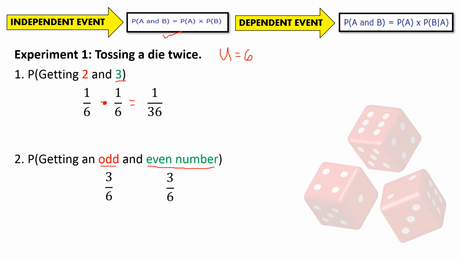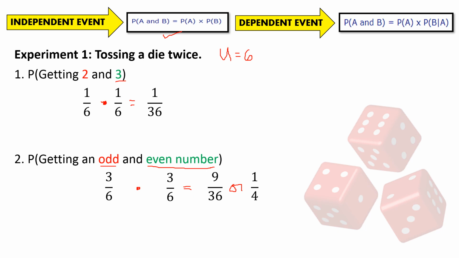Then we multiply these two: 3 over 6 times 3 over 6 gives us 9 over 36, which can be simplified to 1/4. It is as simple as multiplying the probability that we get from each event.